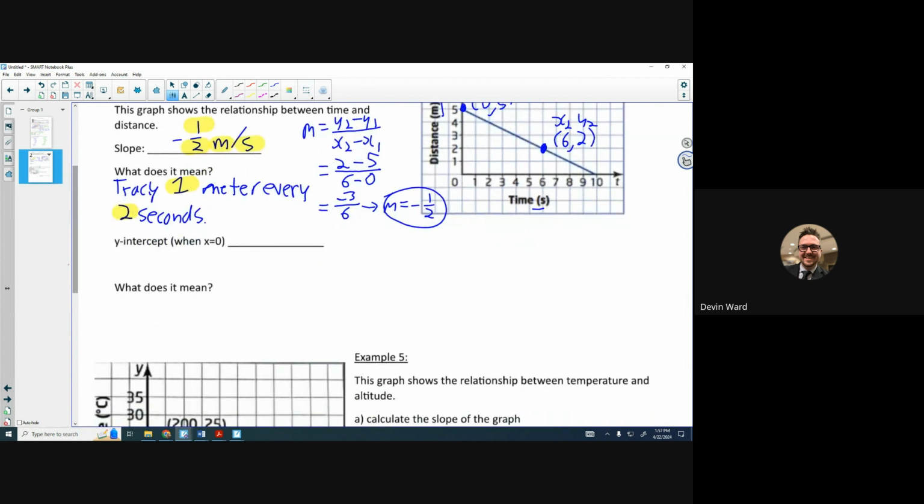So my y-intercept, I used that point. It was 0 and 5. So what does this mean? It means that Tracy was 5 meters from her starting point, or from her destination. If we say that her destination is at point 0, she was 5 meters away from where she wanted to be.